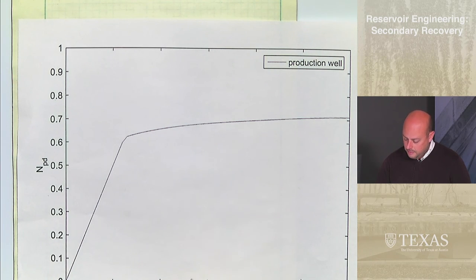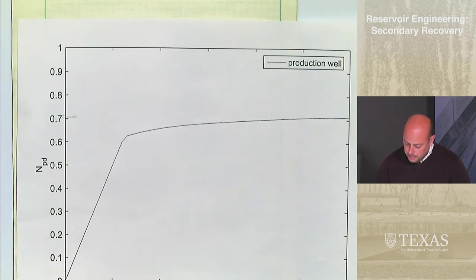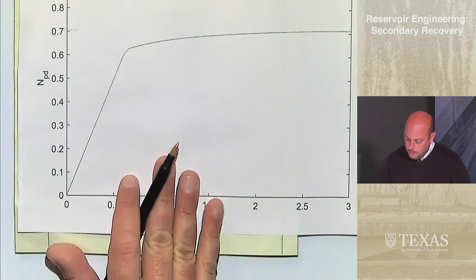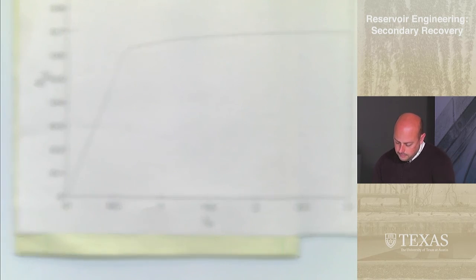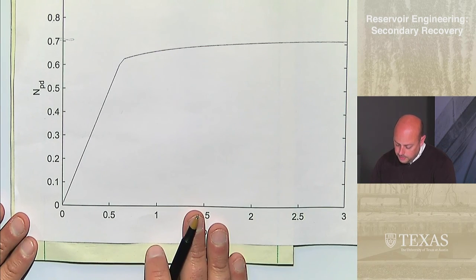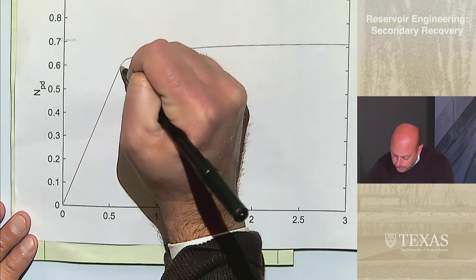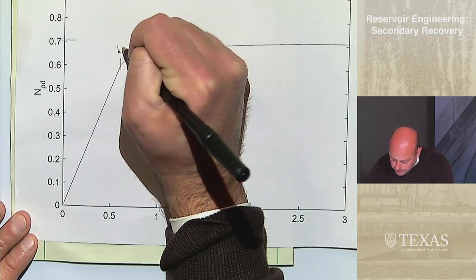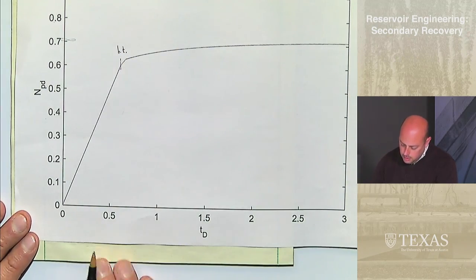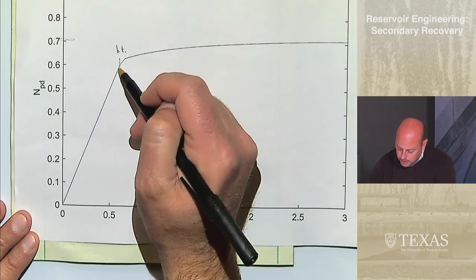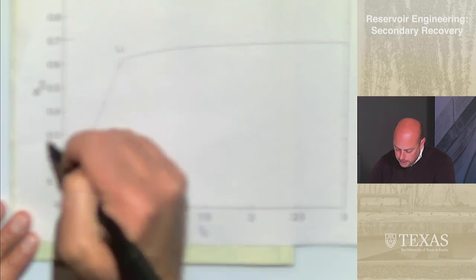And in fact, it can never be greater than 1 minus SOR minus SWR. That's why it doesn't ever get above 0.7. But what's extremely interesting and extremely important is that prior to breakthrough, and this looks like breakthrough right here, there is a straight line between time and oil recovered.